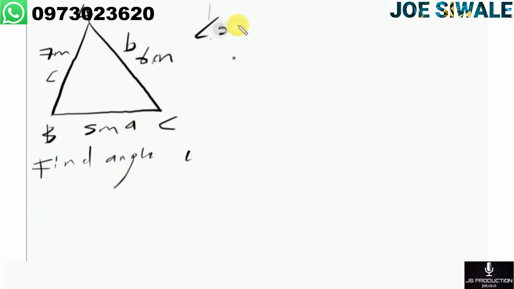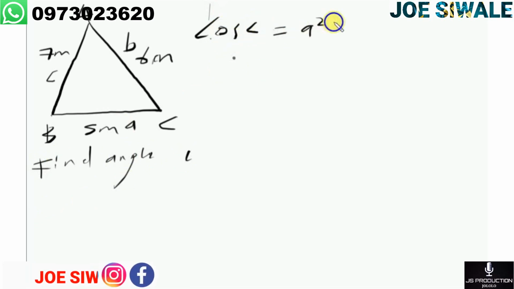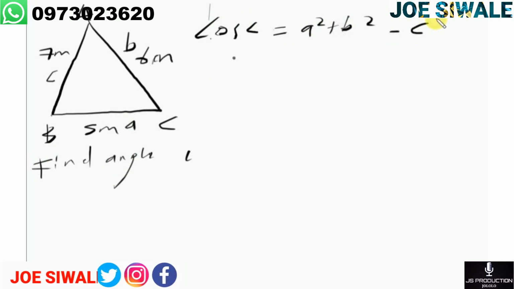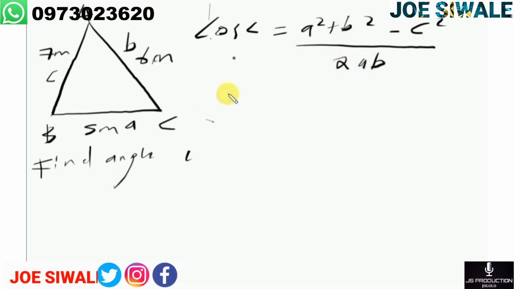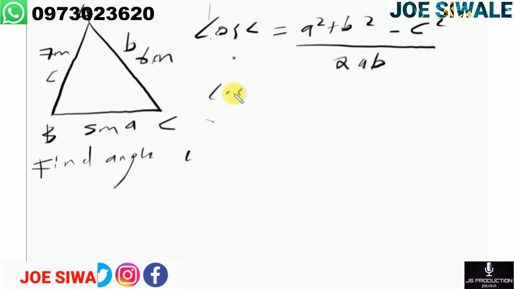So I'm trying to calculate the angle that is at point C. And the formula that I'm going to use is the one which has cos C, since I'm trying to calculate the angle at point C. So I'll say cos C is equal to a squared plus b squared minus c squared over 2ab.